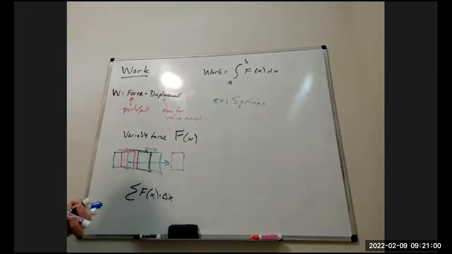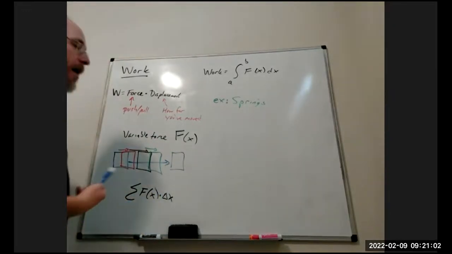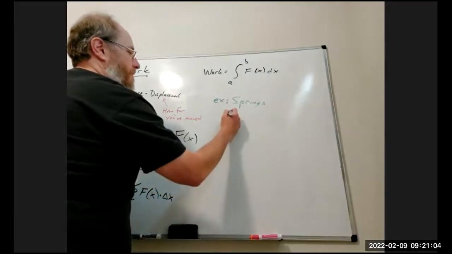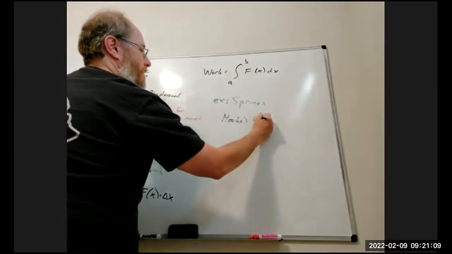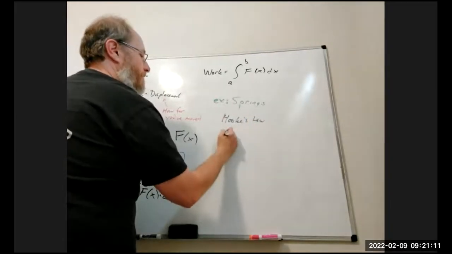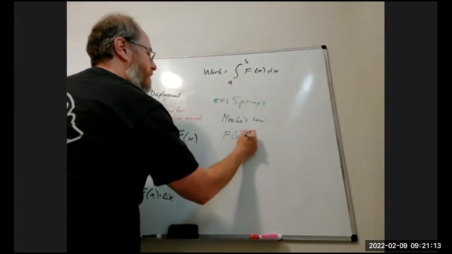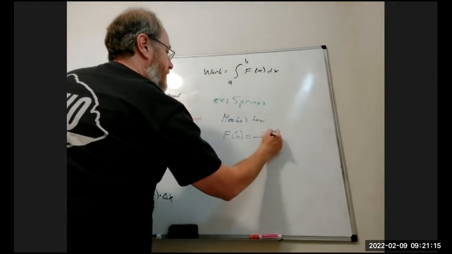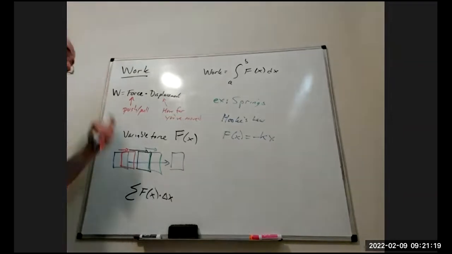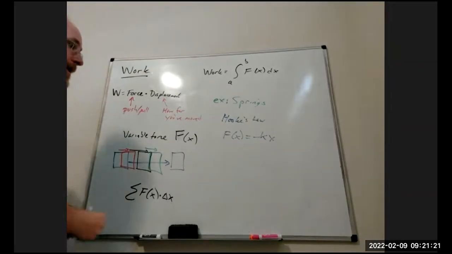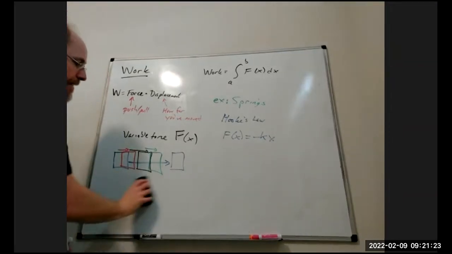There is this law, it's called Hooke's law, named after the scientist who came up with it. And basically what it says for a spring is that the force for a spring is given by F equals negative k times x.